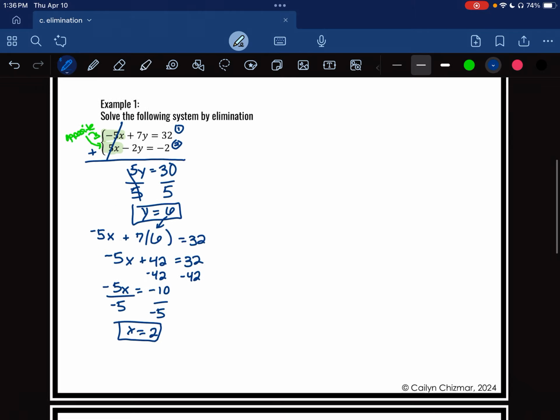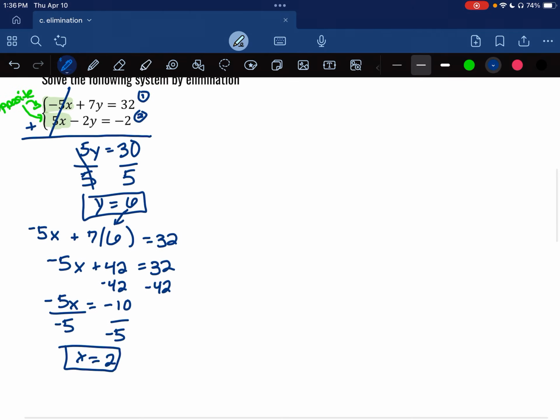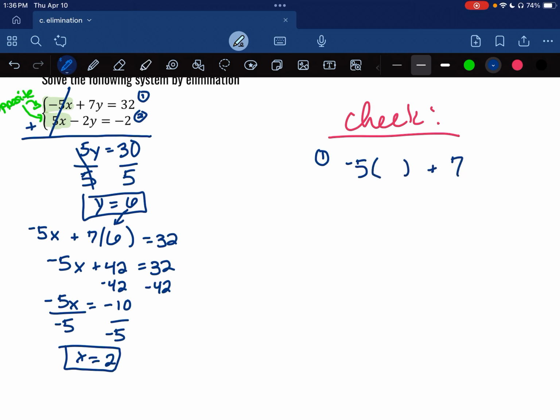But one thing that I am certain of is they're probably going to ask you to check your work, right? So we've got to plug these in for x and y in both equations.